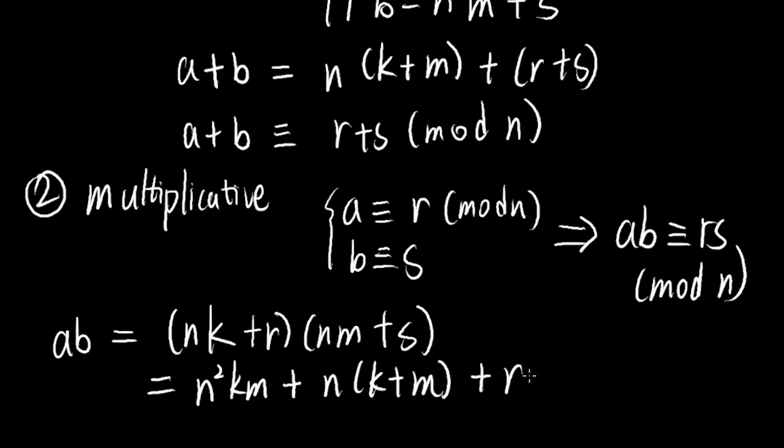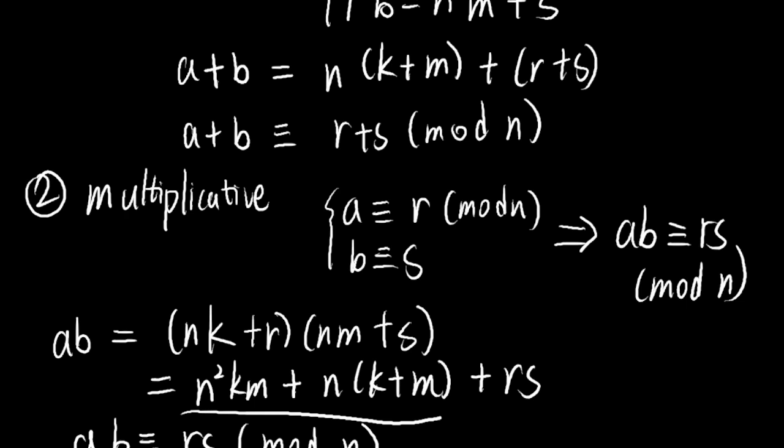With simple algebraic manipulation we get this, and we know that this is divisible by n, so we conclude that a times b is congruent to r times s modulo n. So we've also proved that modular arithmetic is multiplicative.